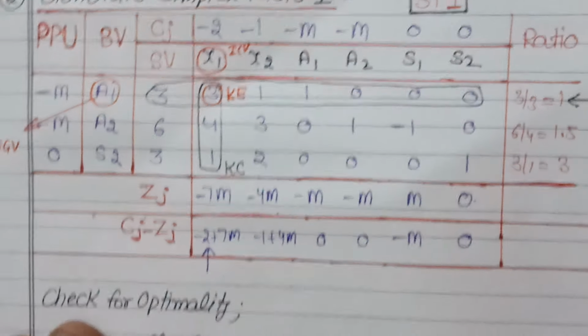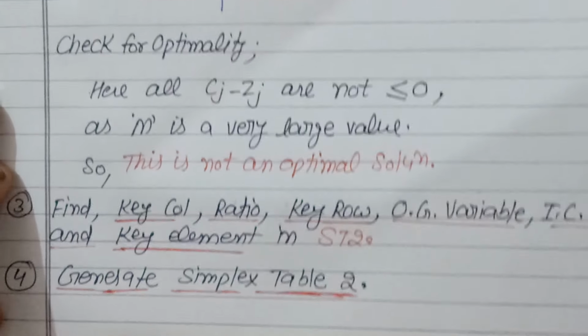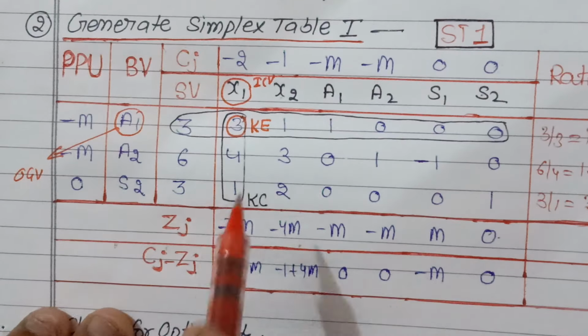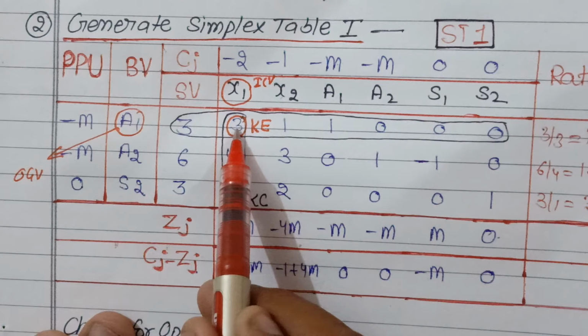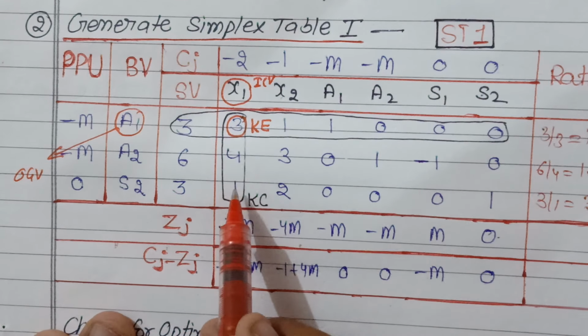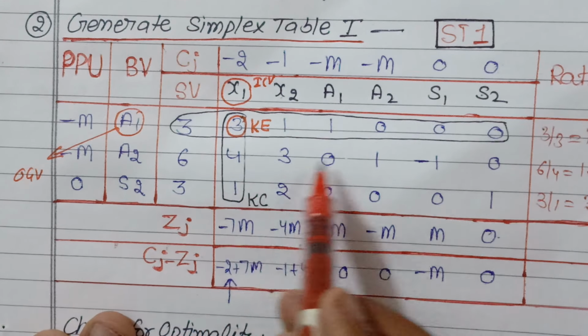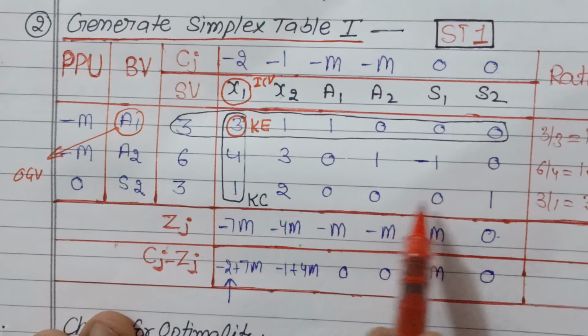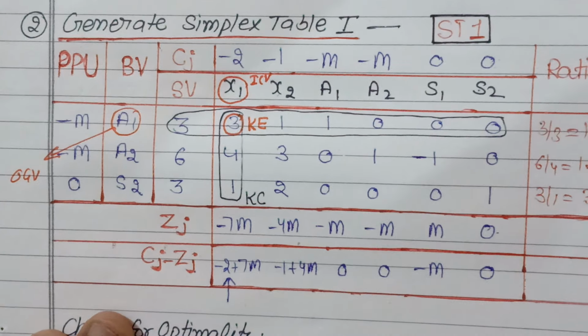Okay, now we have to draw the simplex table 2. To draw the simplex table 2, we have to make this key element unity and these two elements 0, and for that we have to perform different mathematical operations.